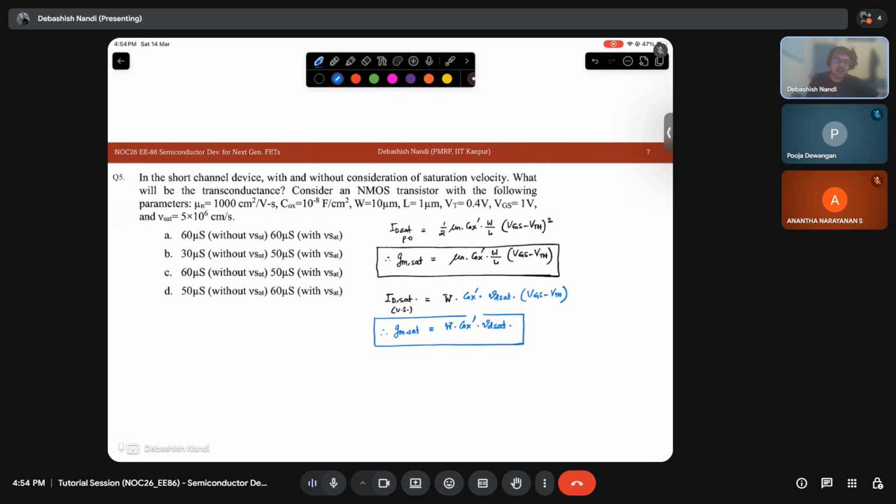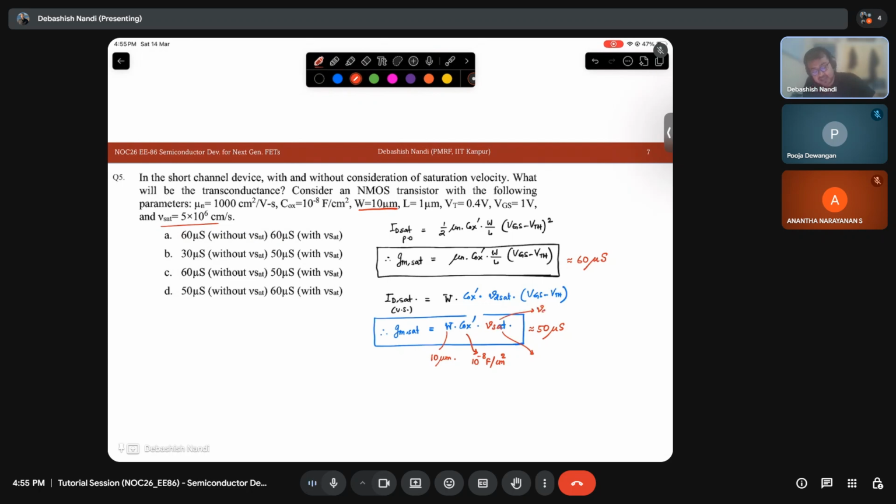Just plug in the values and you will get around 60 microsiemens, and I think this to be around 50 microsiemens. So your W is 10 micrometer, Cox is 10 to the power minus 8 farad per centimeter square, VSAT, sorry, this is not VD sat, this is VSAT or VD max basically.